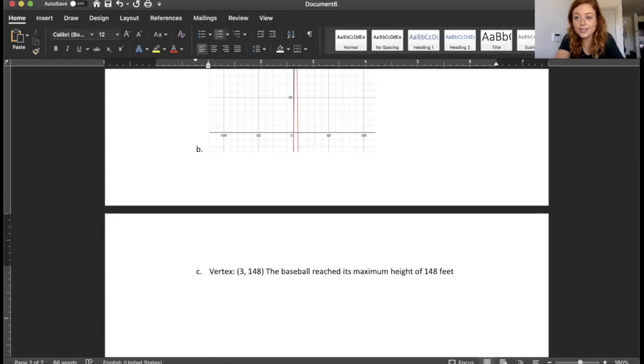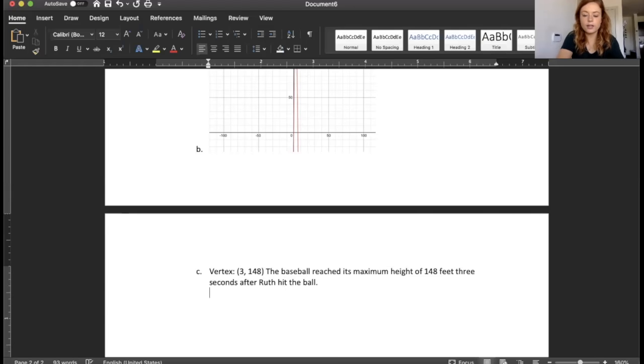Yes, you have to write sentences. It's a final. Okay, the baseball reached its maximum height of 148 feet 3 seconds after Ruth hit the ball. Okay, so that's that one.